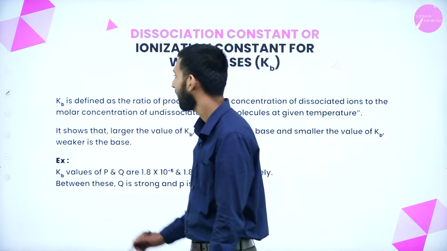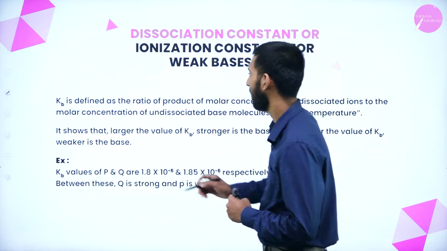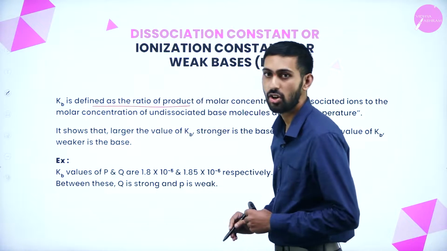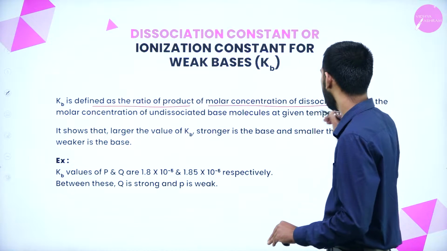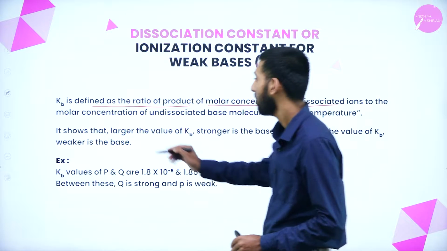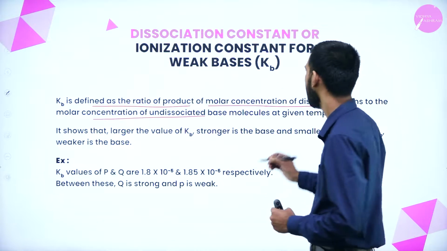Next is the definition of dissociation constant or ionization constant. It is defined as the ratio of the product of molar concentration of dissociated ions to the molar concentration of undissociated base. Why have we taken it like that?